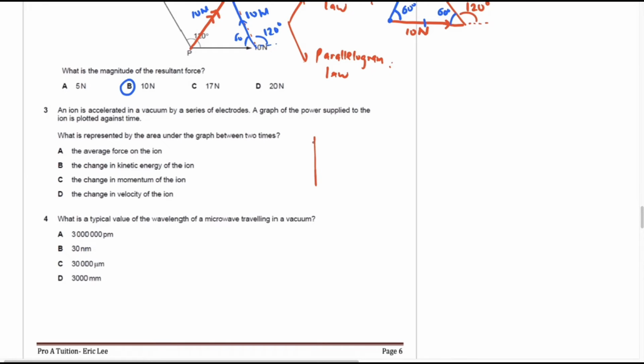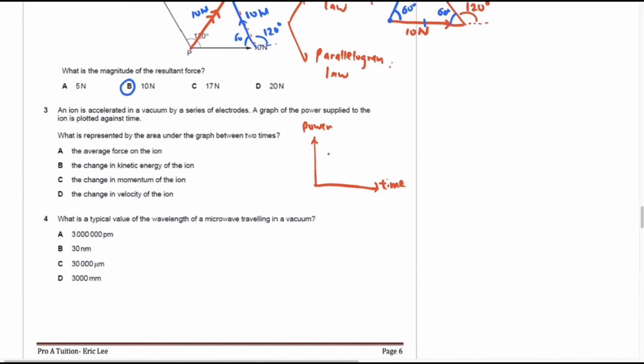Power against time. And how is the graph? They don't tell.